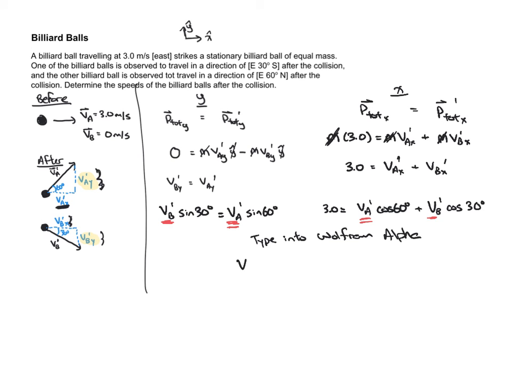So it's telling me that A equals 1.5, and B equals 2.6. All right, so those are the speeds. Those are the magnitudes. They gave us the two angles, and they asked us to find the two speeds.